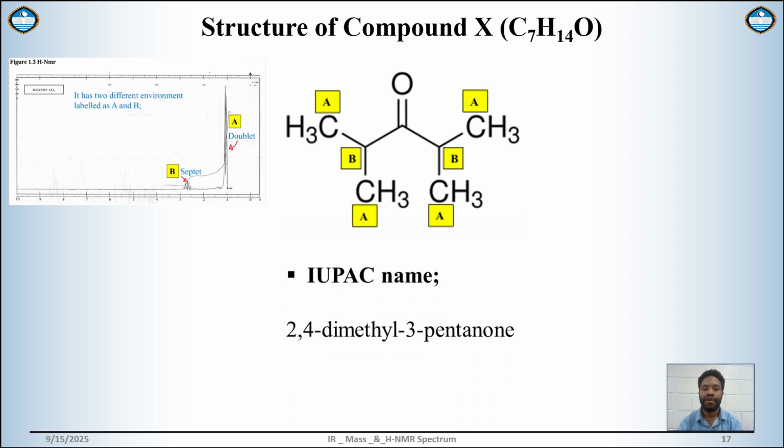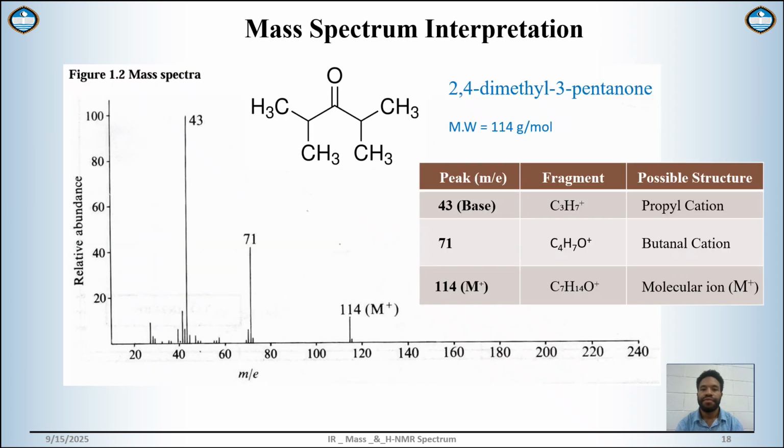The IUPAC name of compound X is 2,4-dimethyl-3-pentanone, and this name suits the diagram above as well as the HNMR spectrum. Mass spectrum interpretation of compound X, 2,4-dimethyl-3-pentanone, whose molecular weight is 114 grams per mole.